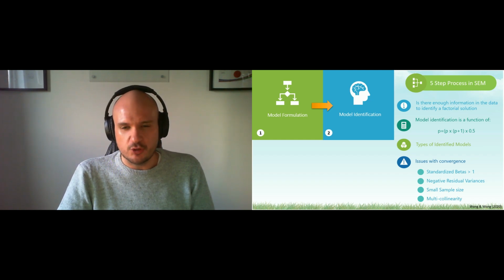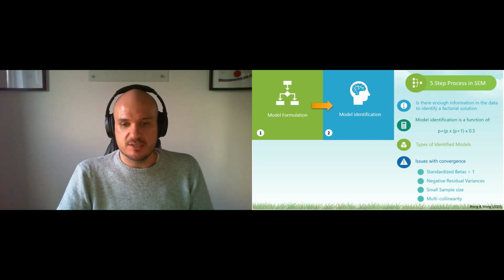Now, like I said, there are a couple of things you need to consider that can influence convergence here. The first one is if you get standardized betas bigger than 1 on your loadings, there's an issue, and you have to investigate. Usually, it has something to do with the error variance or the distribution of a certain item. But if you get standardized betas bigger than 1, you've got a problem. If you have negative residual variances, that will also lead to non-convergence issues.